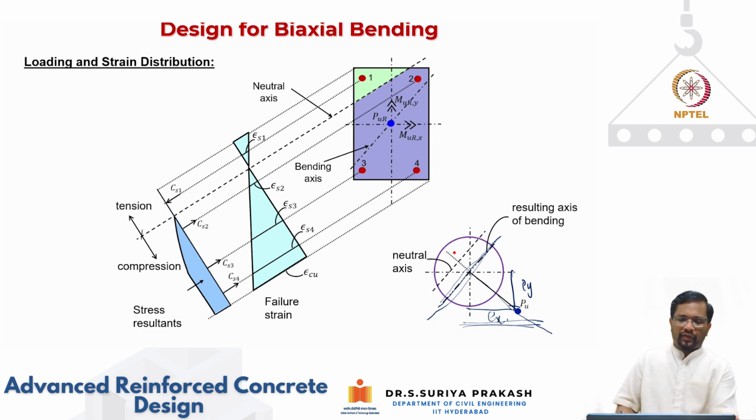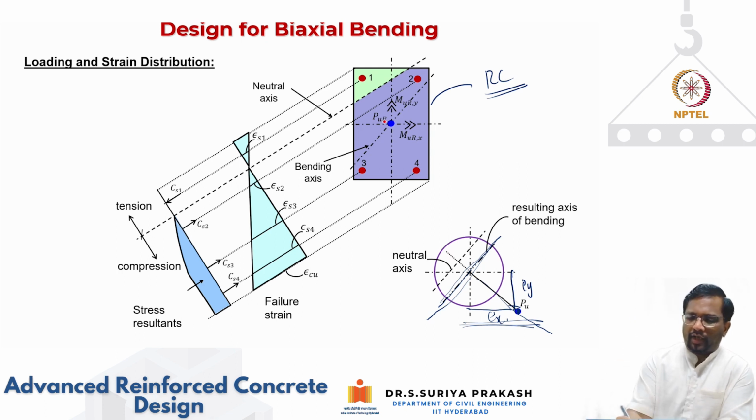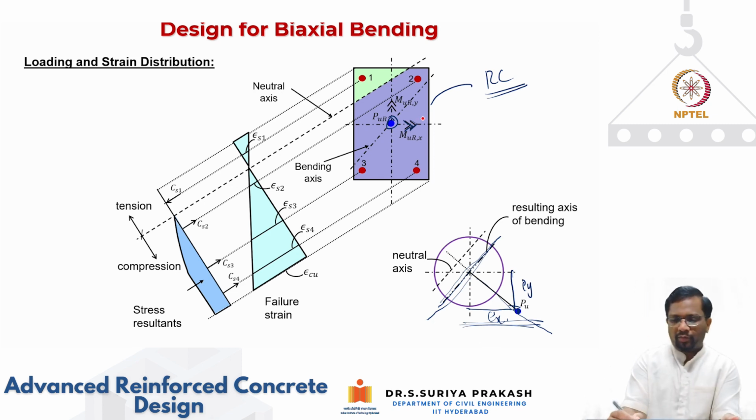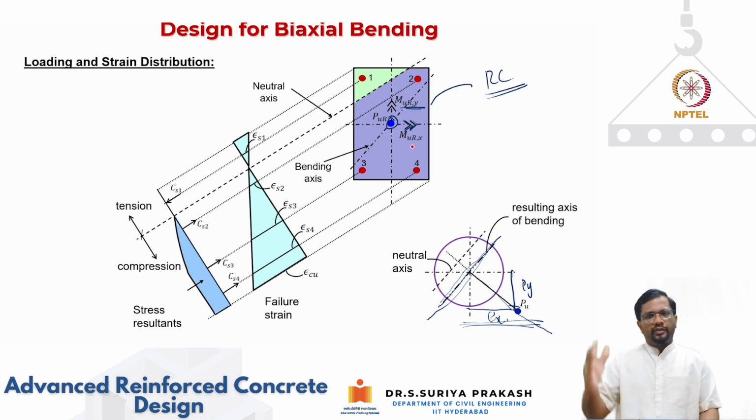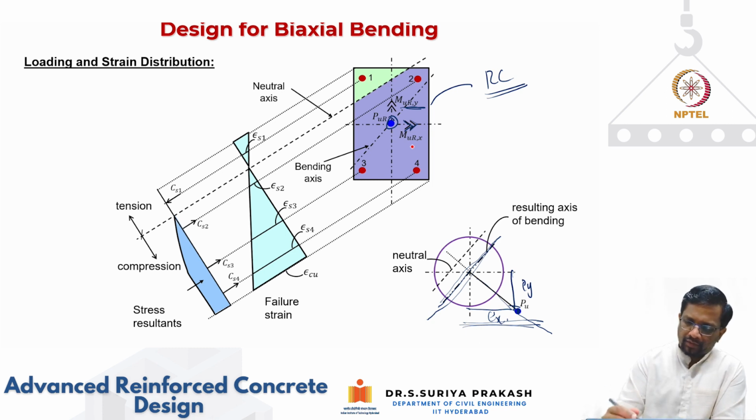If I look at this particular RC rectangular cross section, what do we have? Let's say we have axial compression, which is this. In addition to that, using the right hand rule, you have bending moment about the x-axis and bending moment about the y-axis, which I am calling the demands.